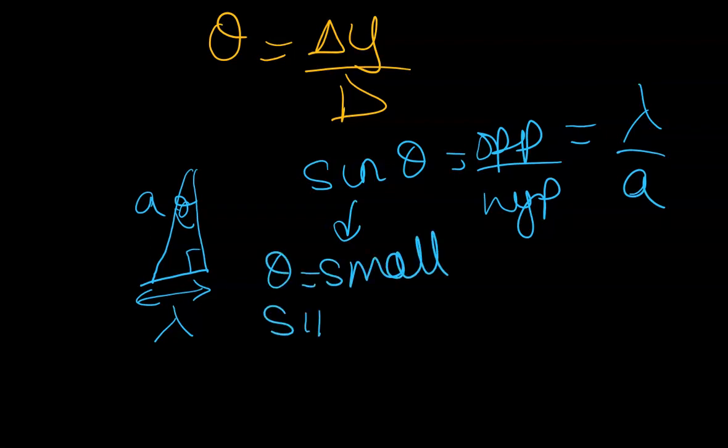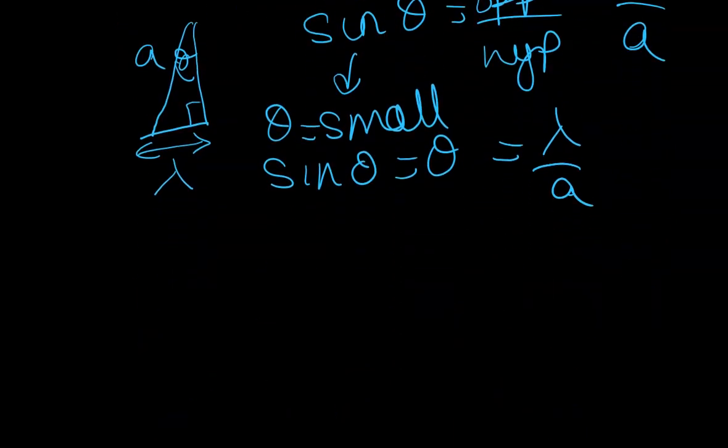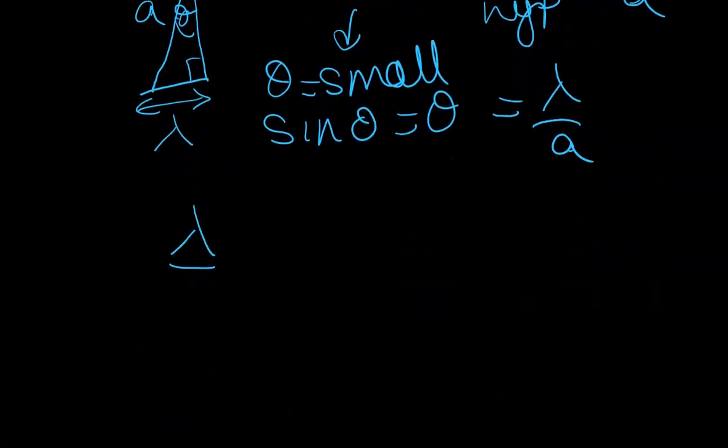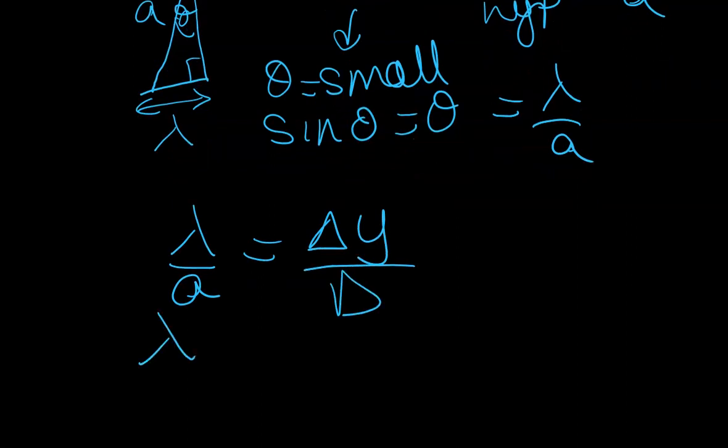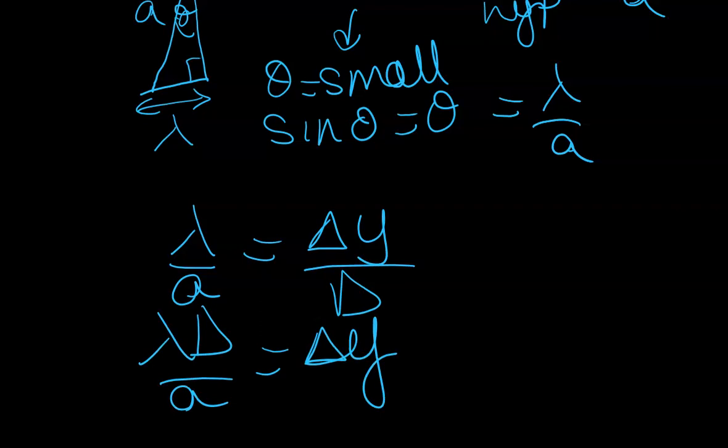So sine of theta is theta. So theta is lambda over A, right? A is the slit separation. So equating the two, you have lambda on A is delta y over D. So lambda D over A is your fringe separation.